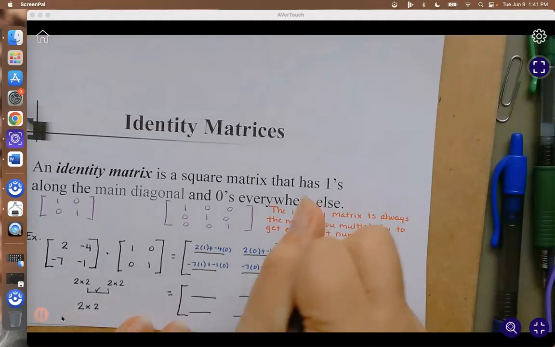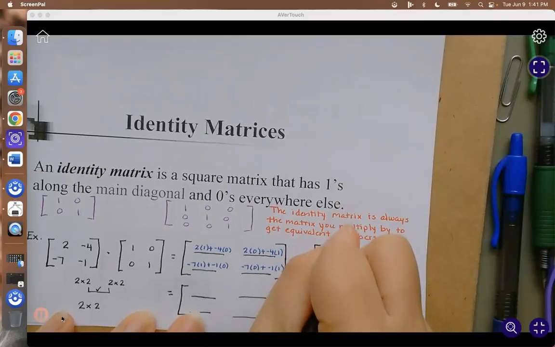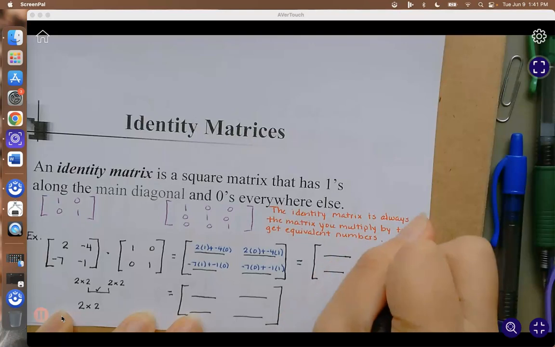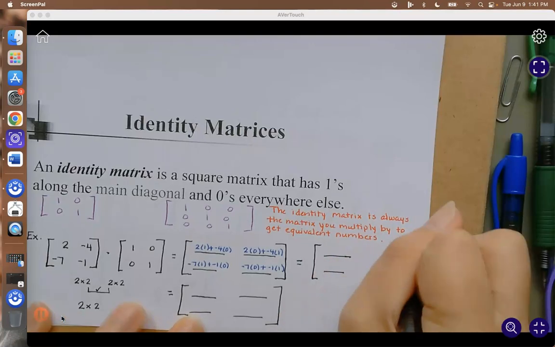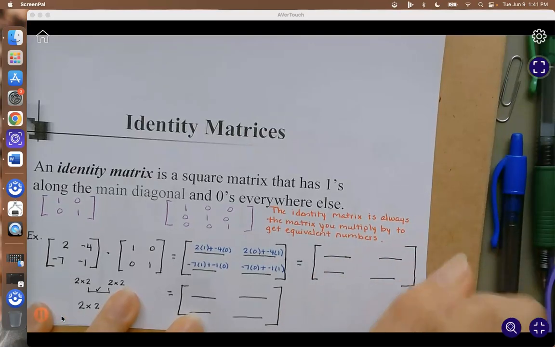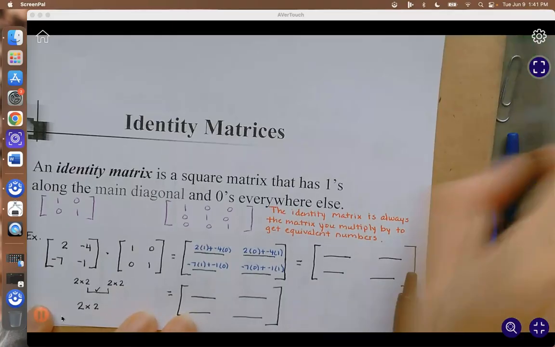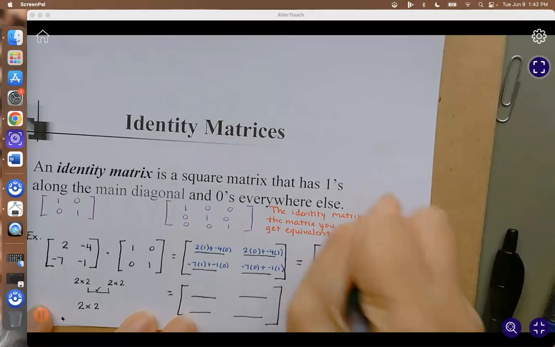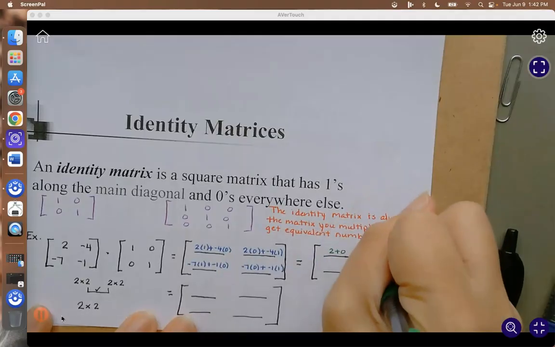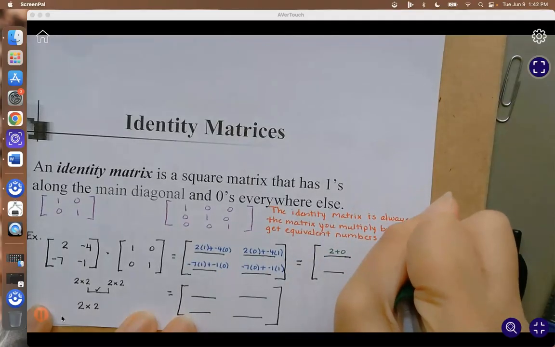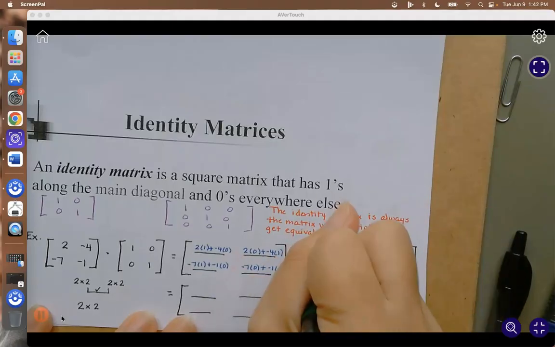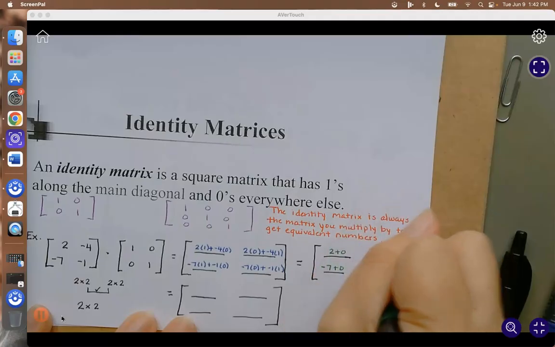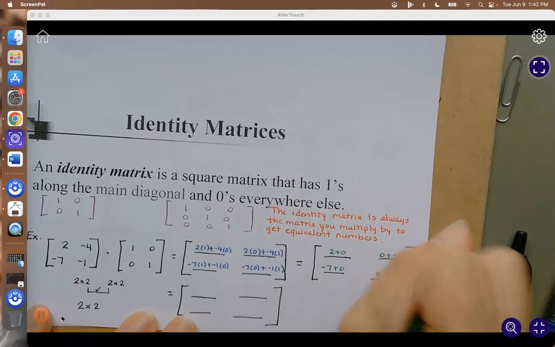Let's actually come over here and do the next part. Okay, so this is going to be 2 plus 0, 0 plus -4, -7 plus 0, and 0 plus -1.